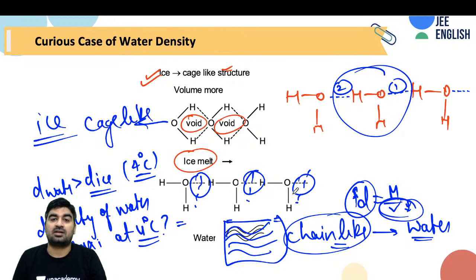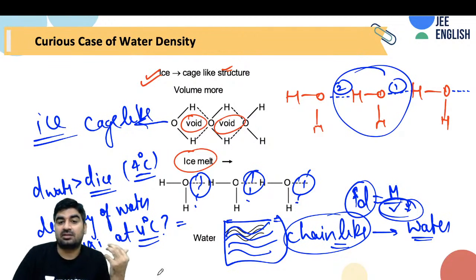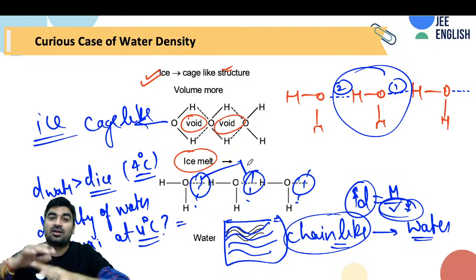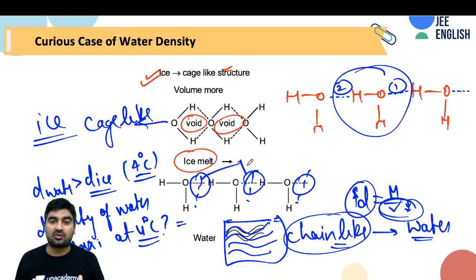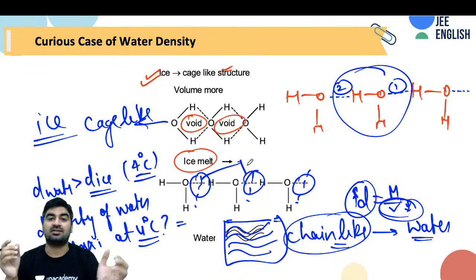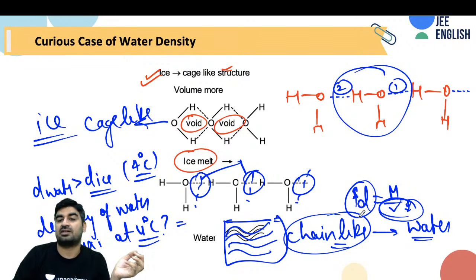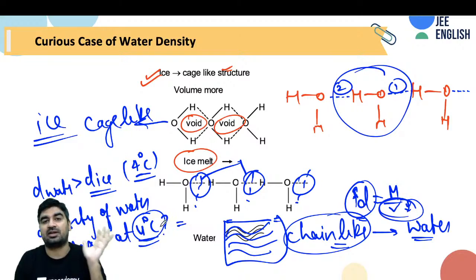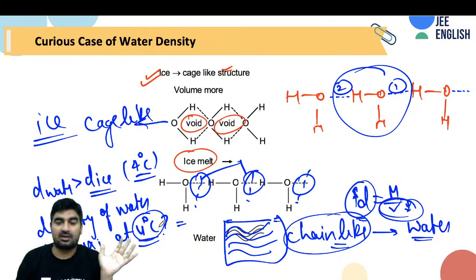All the molecules will be independent of each other and they will move in random directions. And once they are moving in random directions, again their volume will increase and density will decrease. So density of water is maximum at 4 degrees Celsius. I hope now you got it.